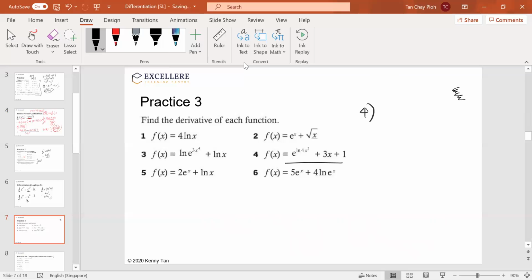So you do e to the 2 ln 4x. Is it like that?